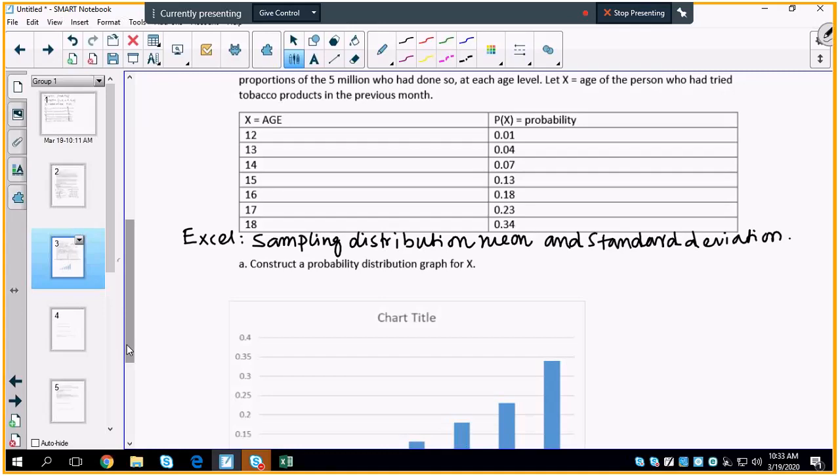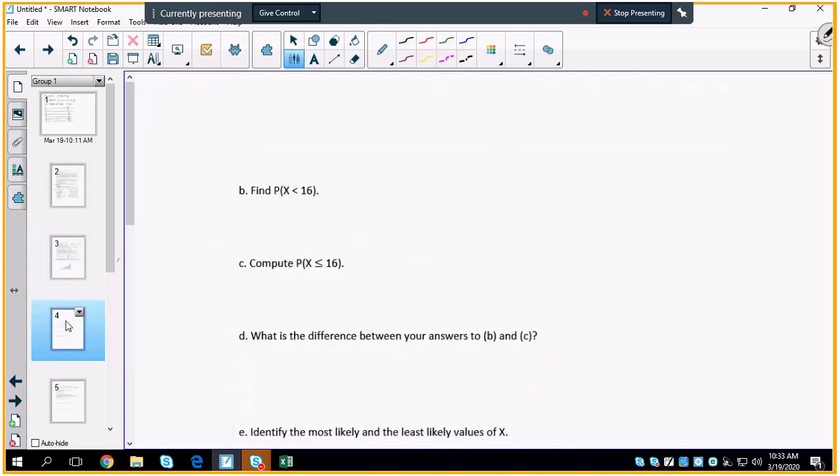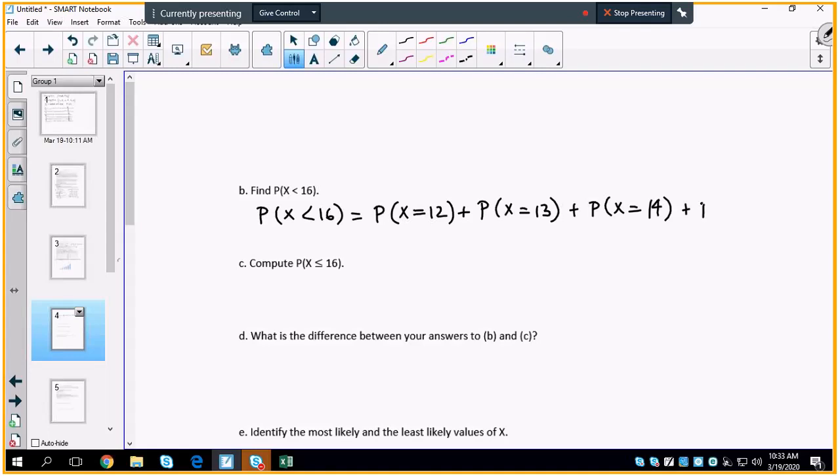So when I'm answering this question, I'm going to first write it as probability of X less than 16 is equal to probability of X exactly equal to 12 plus probability of X exactly equal to 13 plus probability of X exactly equal to 14 plus probability of X exactly equal to 15.